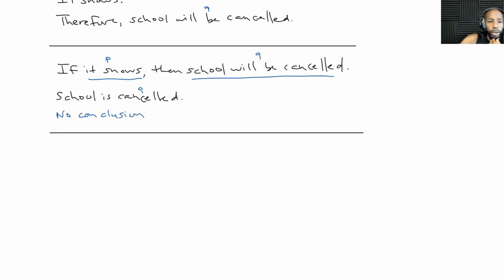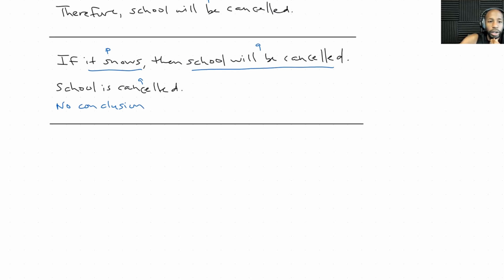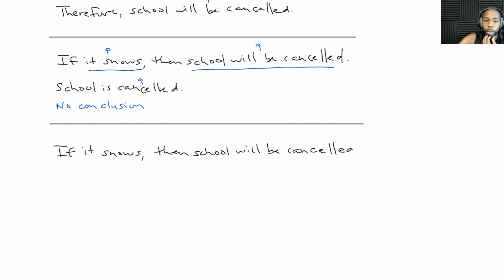All right. So let's go again. If it snows, then school will be canceled. Okay. It does not snow. Okay. So let's label this here.